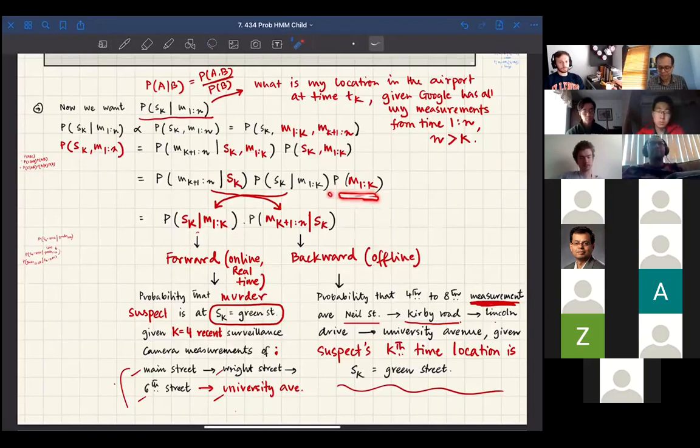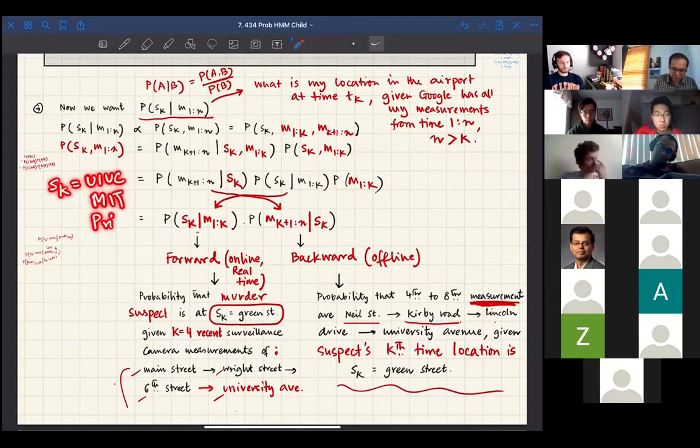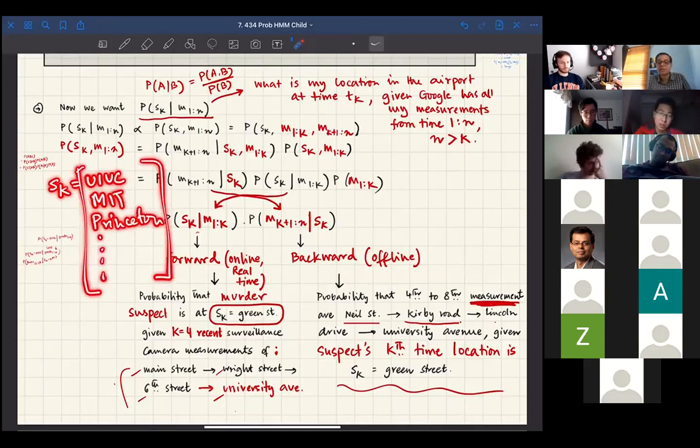These are basically the grades, okay? Your SK is equal to UIUC, MIT, Princeton, and so on. That's what SK is, and you want to figure out what is the right value of SK. For that, your P of M1 to K is grades from 1 to 12.